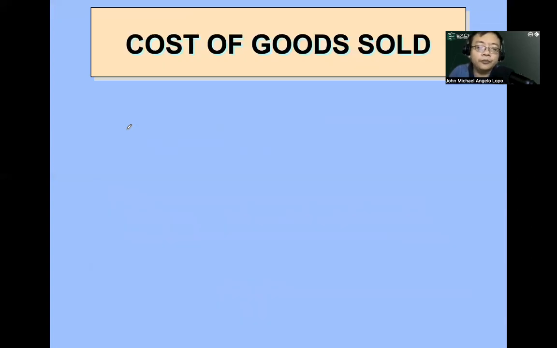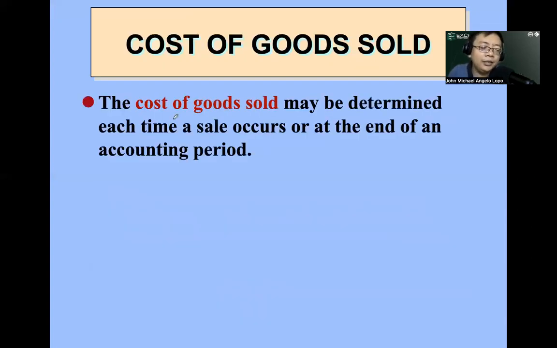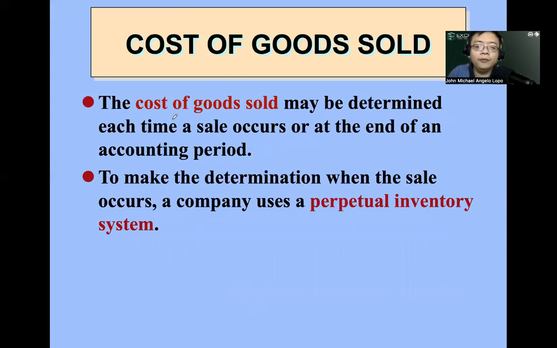As I said earlier, there's what you call cost of goods sold. How is cost of goods sold computed? It may be determined each time a sale occurs or at the end of an accounting period. To make the determination when the sale occurs, the company uses the perpetual inventory system.